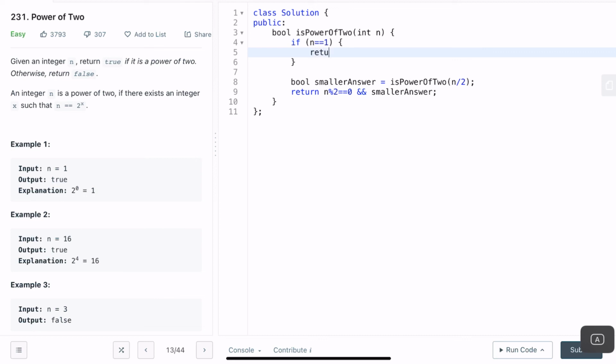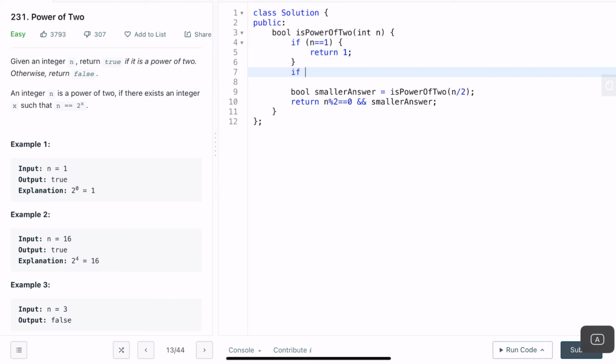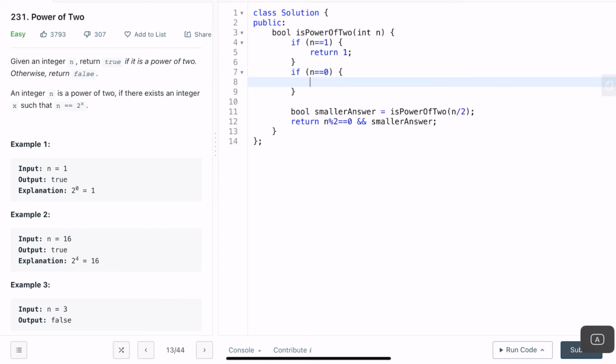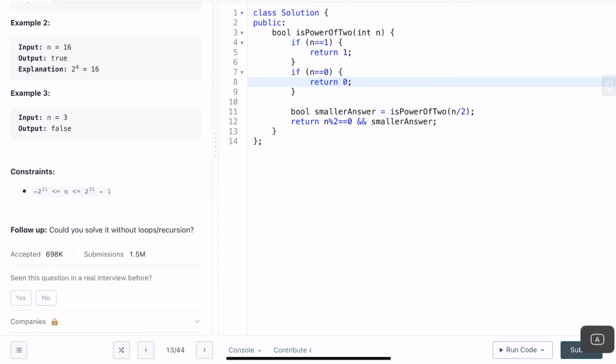So it makes sense to return true. What is the other base case that we discussed? We kept dividing the number and the number reduced to 0. We know that we can never achieve 0 by raising 2 to any integer power. So from here we will return false.